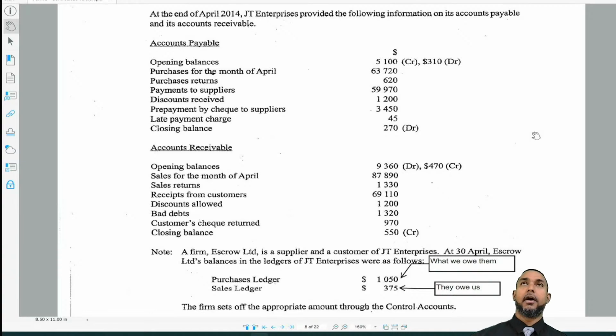Late payment charge. Okay, so if we pay late, they'll charge us extra, like a penalty. So yeah, it'll increase the amount. That's correct.